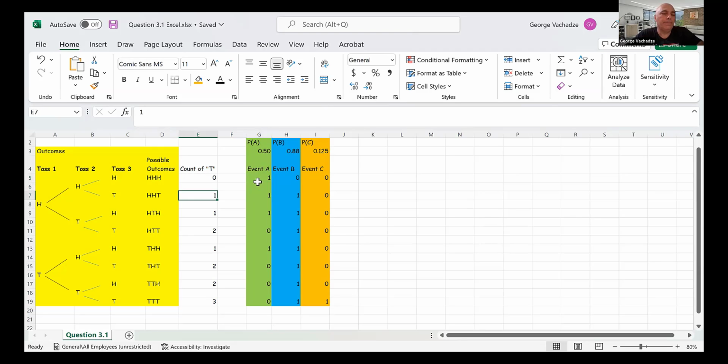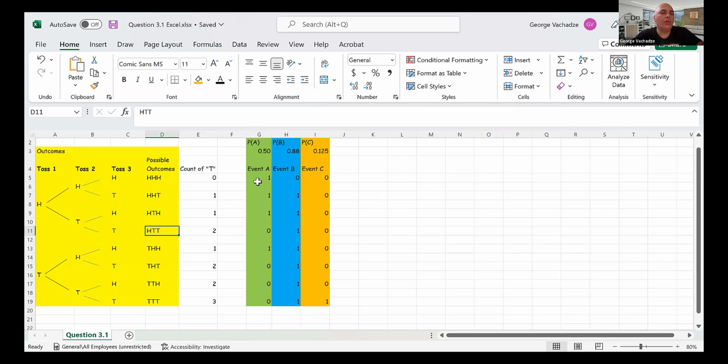What about the second outcome, HHT? This outcome also supports event A because T occurs exactly once. What about HTH? This is the same case. T occurs only once, and that's why I put 1 here, because the occurrence of the third outcome basically means the occurrence of A. Now, in the fourth possible outcome, we have T occurring twice.